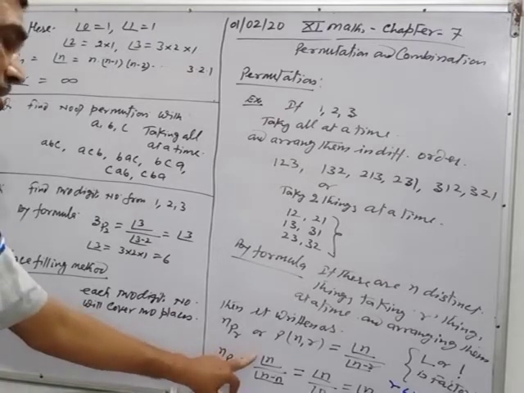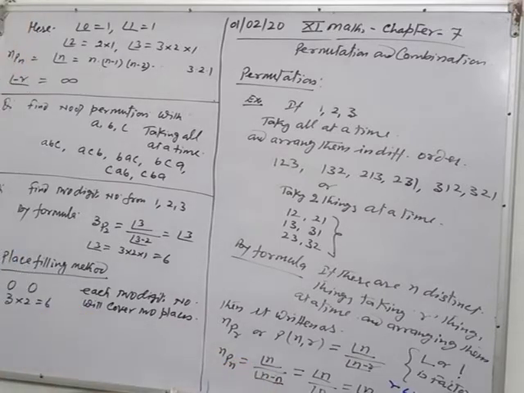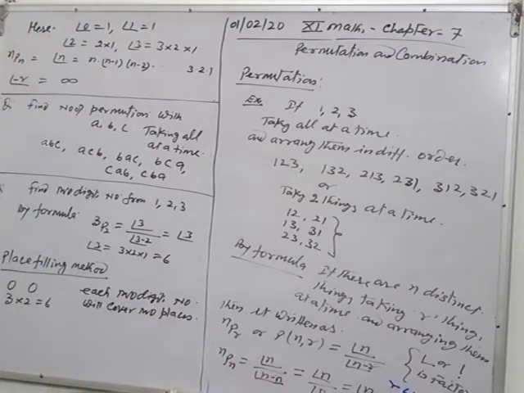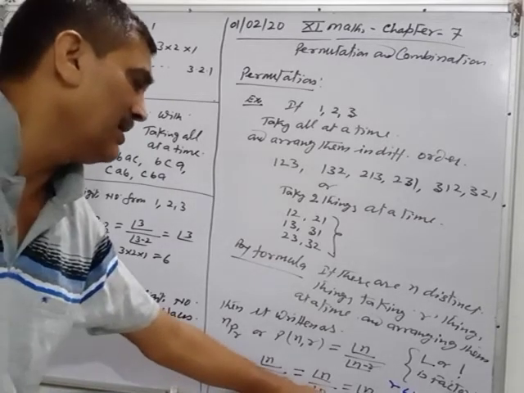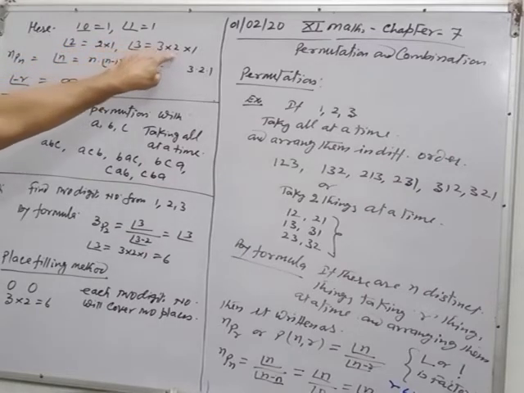So factorial n upon n minus n. In denominator you get factorial 0, and remember here the value of factorial 0 is 1, that is factorial n. So remember factorial 0 is 1, factorial 1 is 1, factorial 2 is 2 into 1, factorial 3 is 3, 2, 1.